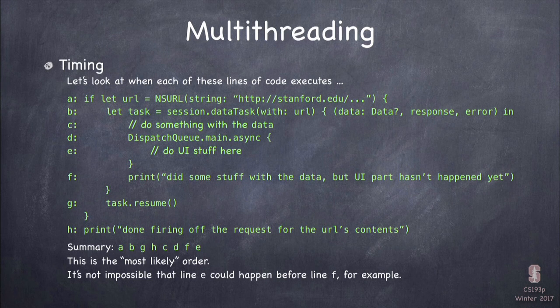So it is possible that E could happen before F. If this was on some other queue besides the main queue, it's very unlikely that E could happen before F. But it even could then, because the main queue has so much priority that when you dispatch something onto it, the system might immediately go and try and process it. That's how high a priority the main queue is. So it's possible that E could happen before F. But I just want you to think conceptually that when you put something on the queue, it could happen later. There might be other things on the main queue ahead of you. Okay?